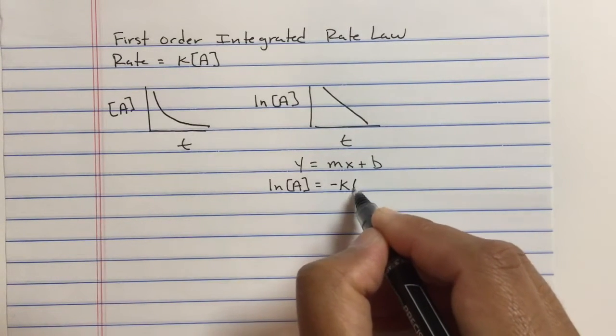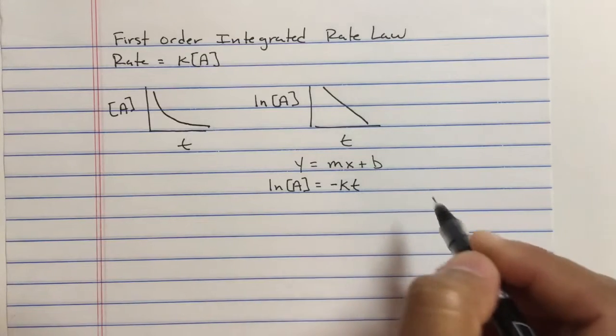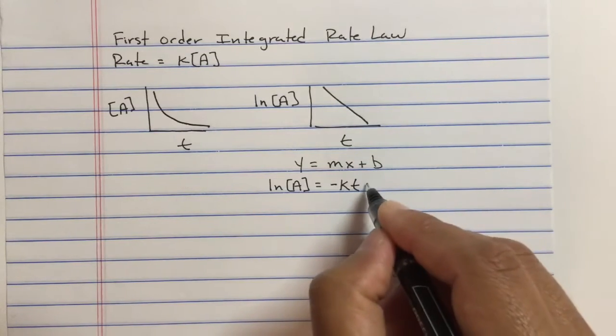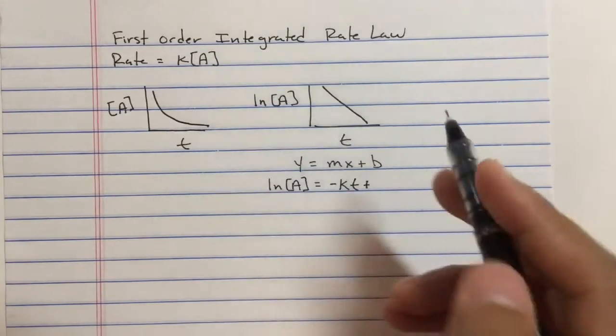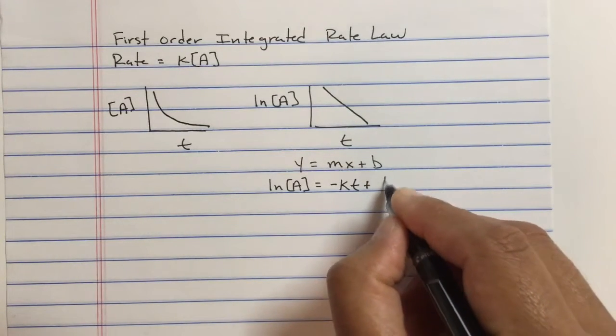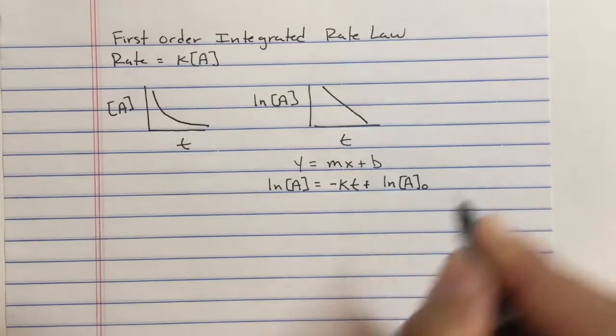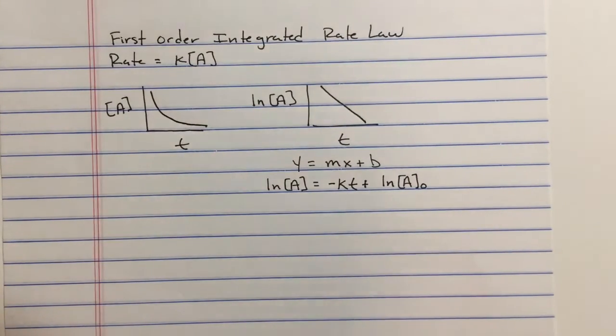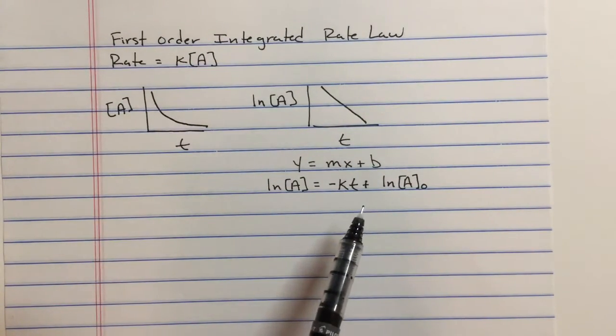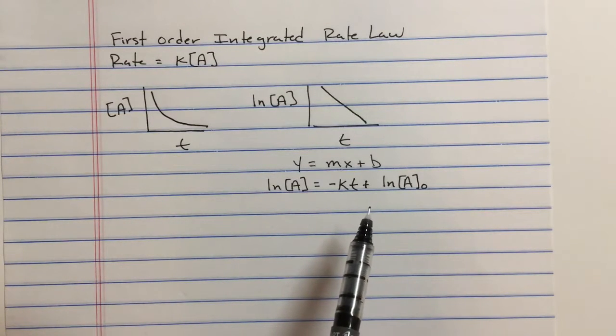X is the time. B is the y-intercept, so the line crosses at the initial concentration of A. So what you're looking at here is the integrated rate law for first order reactions.